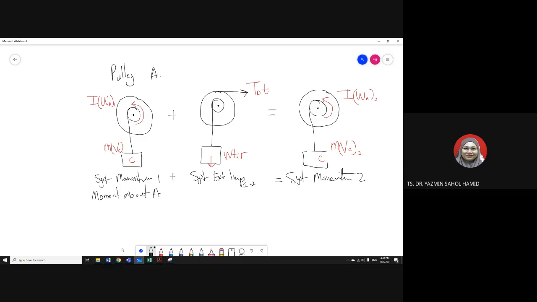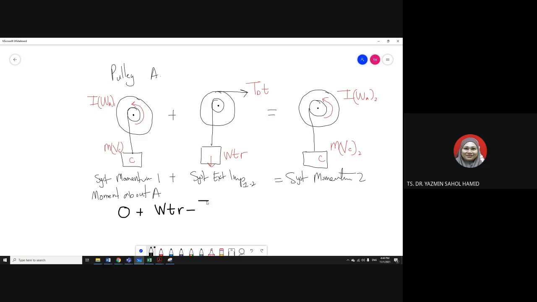Okay, now when we take moments about A, since the question says it is starting from rest, the system momentum 1 will again equal 0, plus, when we look at the diagram, W T R, minus, because the direction of the tension cord is the other direction.